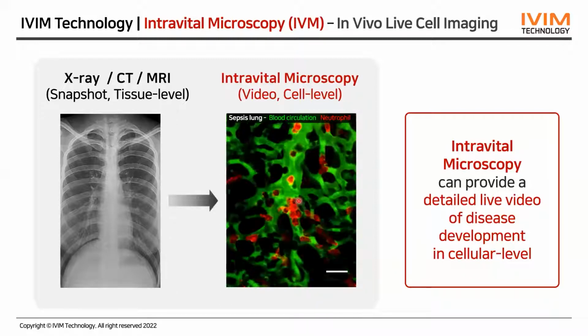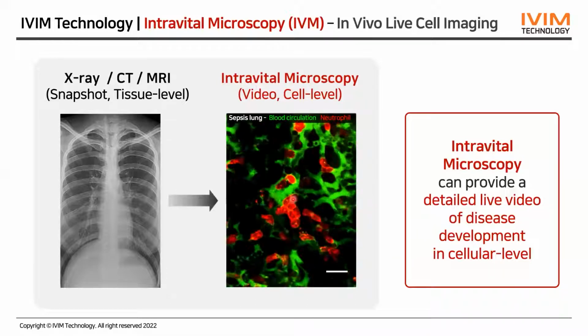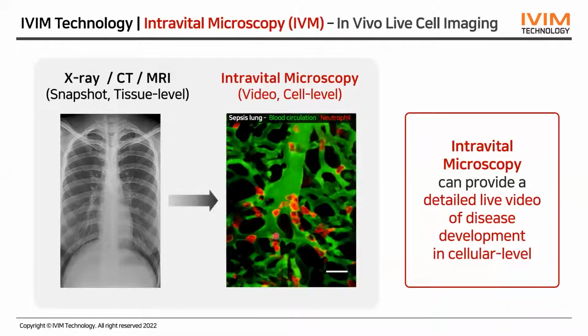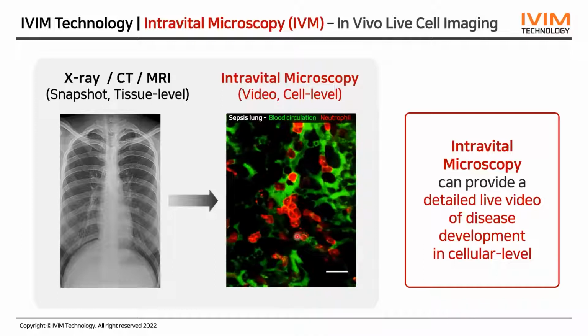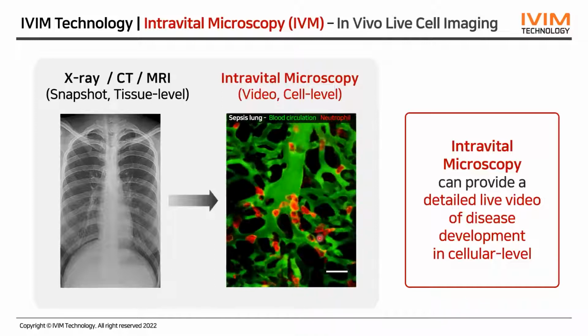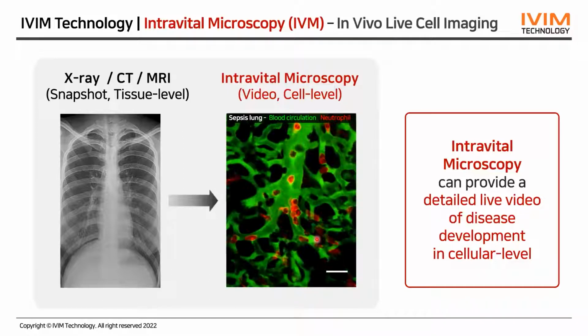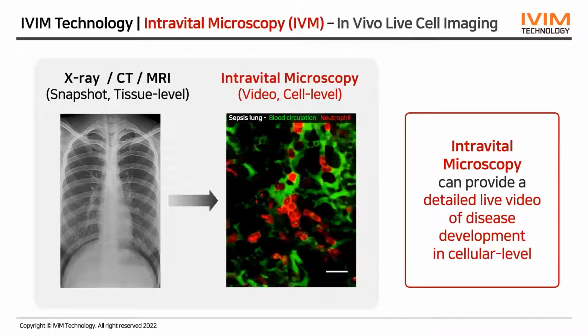This example video shows how red neutrophils inside of the blood vessels form a cluster and block the green blood circulation in the lung of the sepsis mouse model. And in vivo microscopy can provide a detailed live video of the disease development at the cell level.